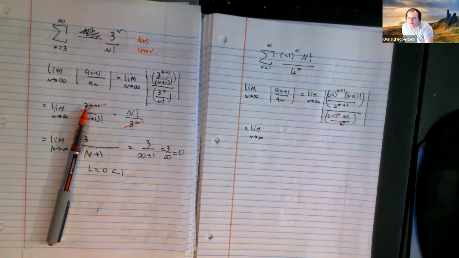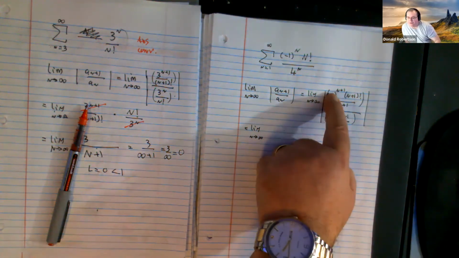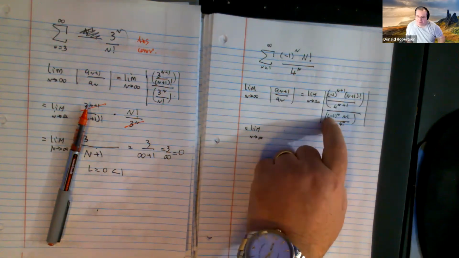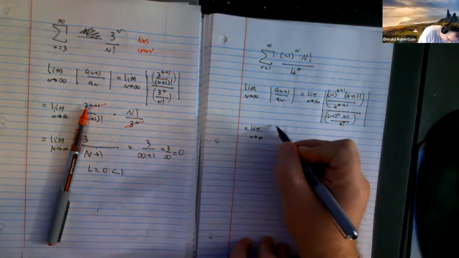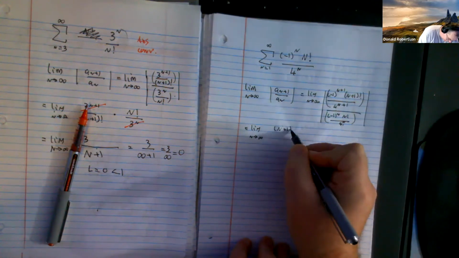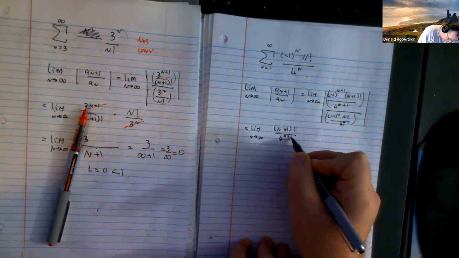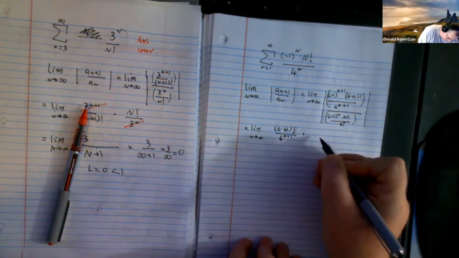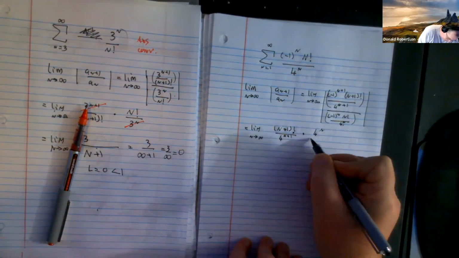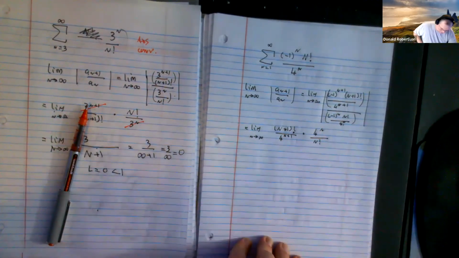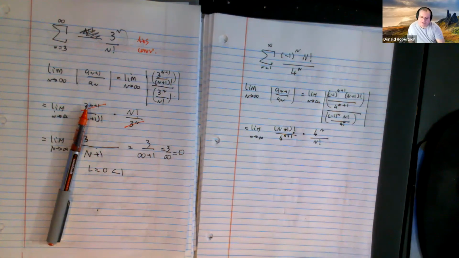So the net effect of the absolute values is that these two guys don't matter because they end up being plus 1. So what I've now got is n plus 1 factorial over 4 to the power of n plus 1, times turn the guy upside down. Don't need absolute values now.